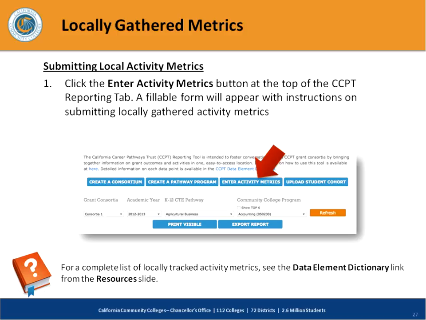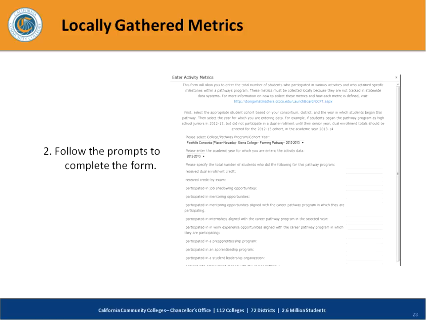All right, so let's talk next about the locally gathered metrics that are activities. So here you're going to be clicking a different button, again at the top, Enter Activity Metrics. And then what you're going to get is a dialog box that once again is going to be like a survey. So you'll be selecting which is the sort of cohort that you're uploading data for. So in this case you can see this was the Foothills Consortia. This is made up.